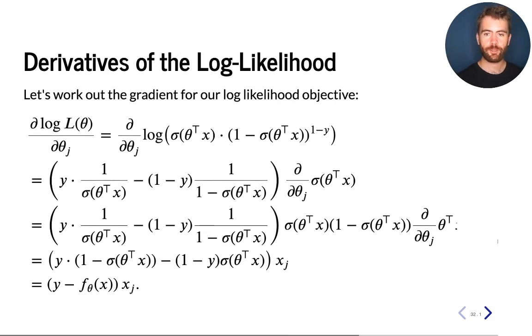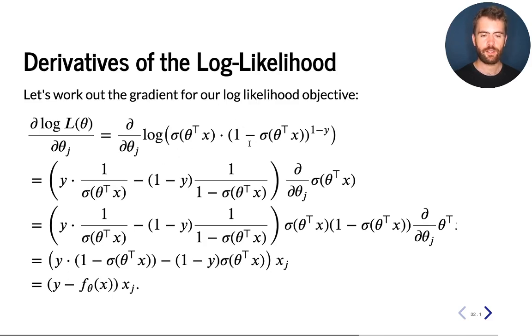And in order to optimize the log likelihood, we need to compute the gradient of this objective. In order to compute the gradient, we need to compute the partial derivatives. Recall that the gradient is the vector of partial derivatives, and now we need to compute a form for each partial derivative of the log likelihood. You can convince yourself that the log likelihood has the following form.